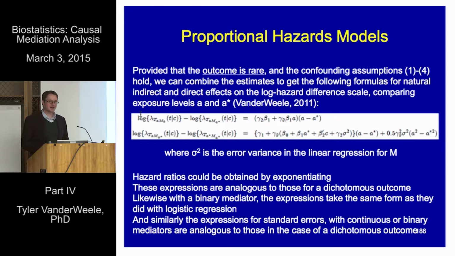Provided the outcome is rare at the end of follow-up. So this can be a strong assumption with time to event data. But provided the outcome is rare at the end of follow-up and our confounding assumptions hold and models are correctly specified, the natural direct and indirect effects on the log hazard difference scale, which we can exponentiate to the hazard ratio scale, are just given by these expressions here, which take exactly the same form as what we had for logistic regression.